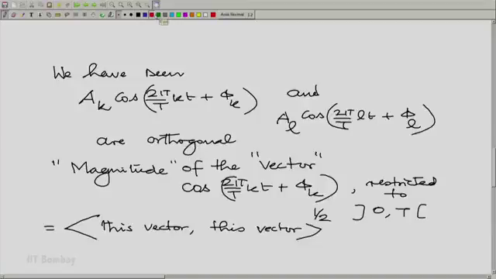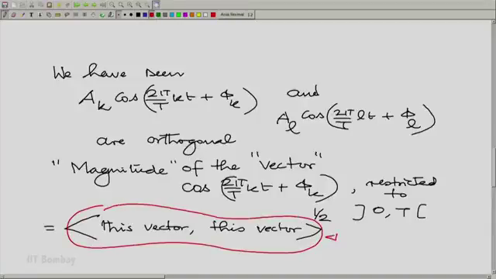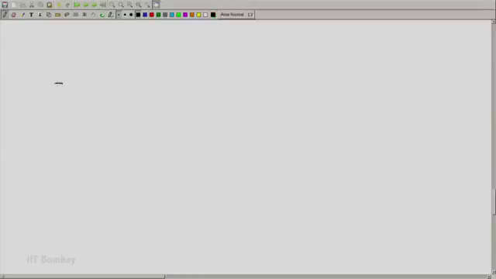When you take the dot product of a vector with itself, this is bound to be positive. This is the square of the magnitude, and therefore we need a power of half there. It has to be non-negative.